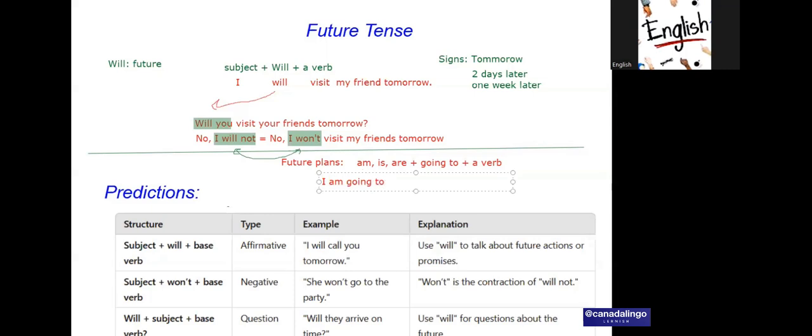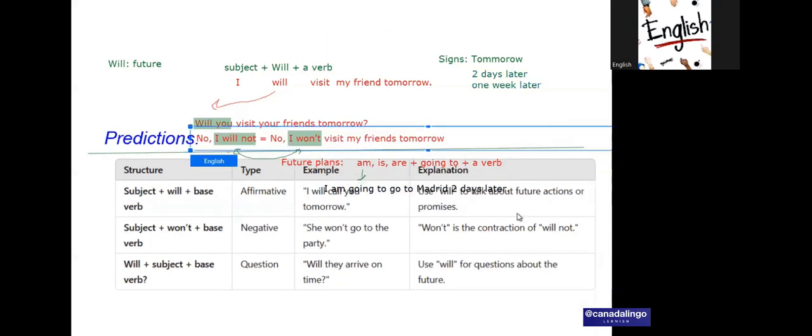A verb can be go. I'm going to go to, for example, Madrid 2 days later. Because I have plans, right? Maybe I've got tickets. I have reserved a hotel for that.